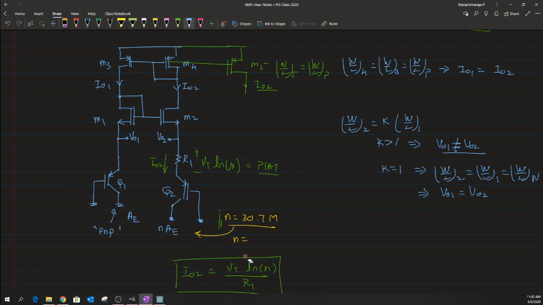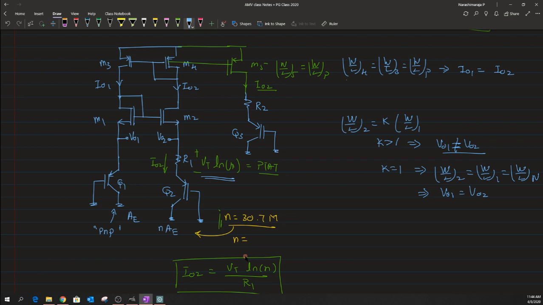So now I somehow have to tap this V reference to be generated out. What one can do is pass this current to flow across this R2. Again this R2 would then try to mimic the same PTAT structure and pass it through a diode connected transistor like Q3.